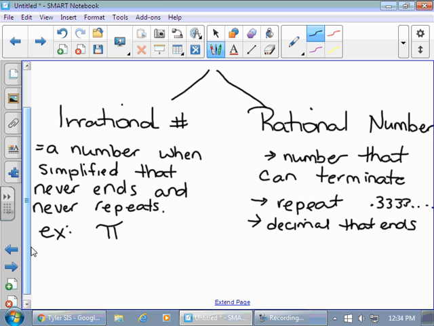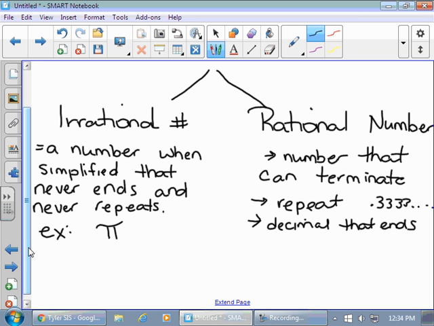Now, for my rational number, okay, my rational number can break down into other things as well. It's kind of like we talk about species of things. We can talk about dogs. Then dogs can be broken down into different types of dogs, correct?